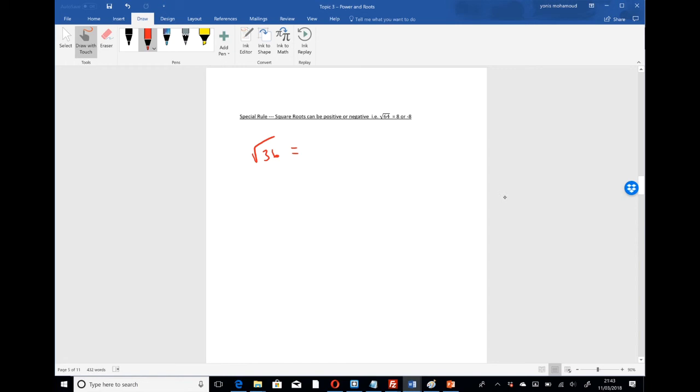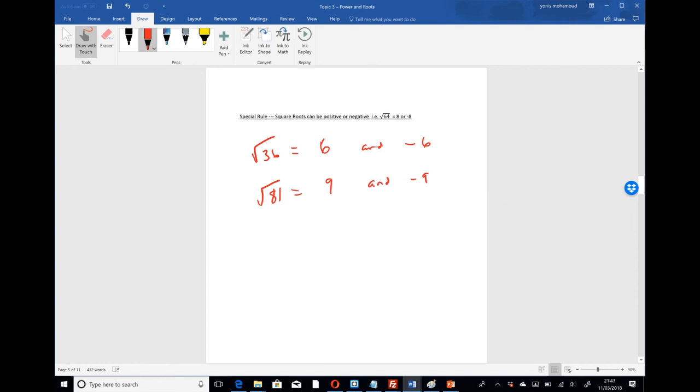So the first answer you're going to have is 6, because 6 times 6 is 36, and your other answer is minus 6, because minus 6 times minus 6 is 36. And similarly, if you had the square root of 81, you will have two answers. You have 9 and minus 9.